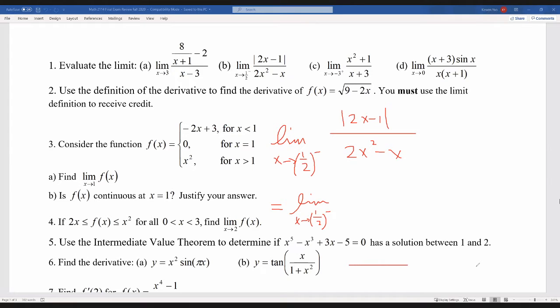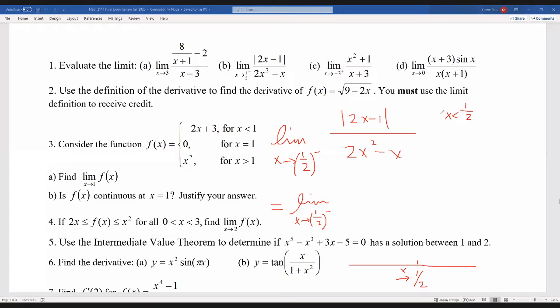What does it mean? This is 1/2, and x goes to 1/2 from the left side. So it means x is what? It means x is less than 1/2, right? Because x going to 1/2 from the left side means x is less than 1/2.